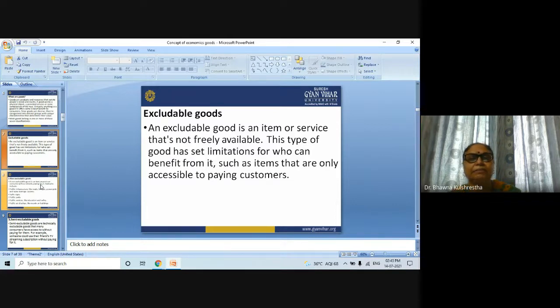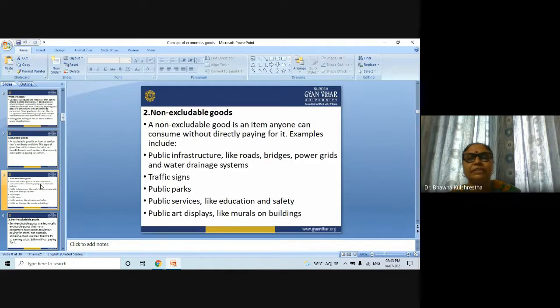And next is non-excludable goods. Understanding economics, these goods are in this type of application. A non-excludable good is an item anyone can consume without directly paying for it.